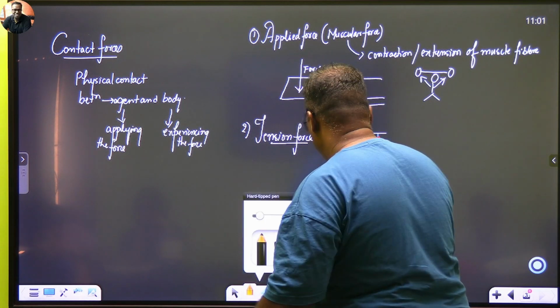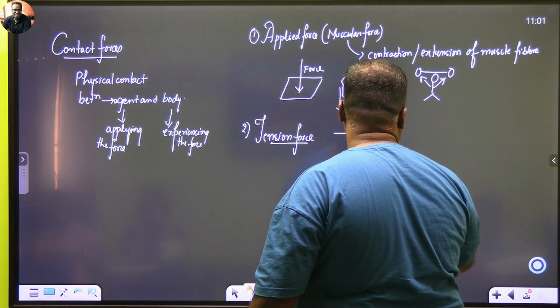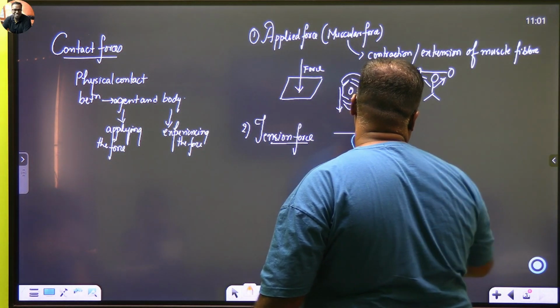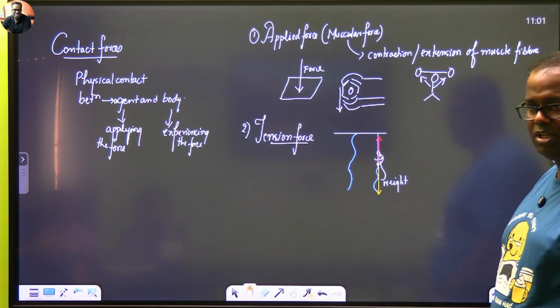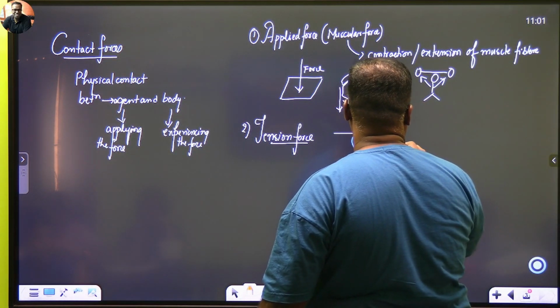And my basic knowledge says that this should be the weight of the monkey, which is the gravitational force. This must be balanced by something. This force is known as tension.